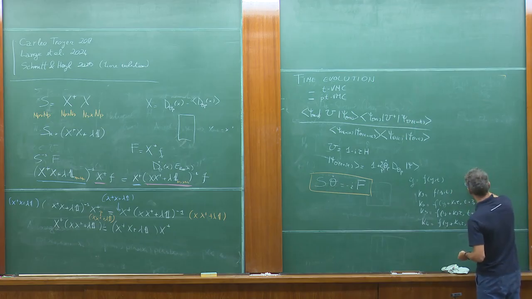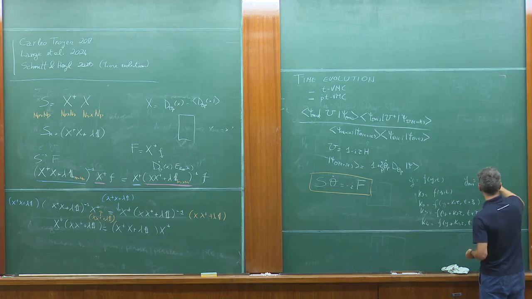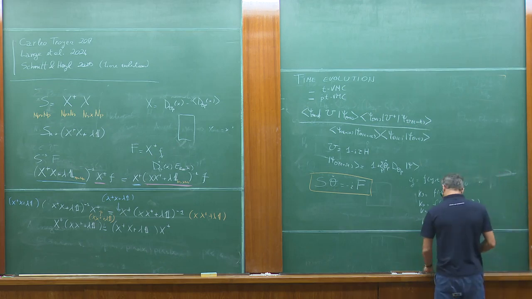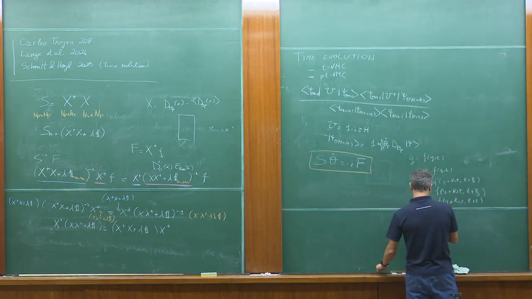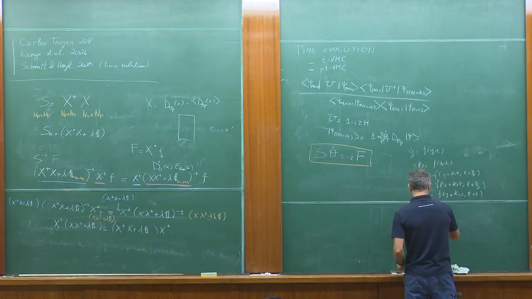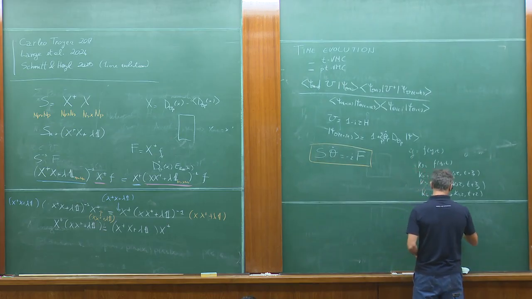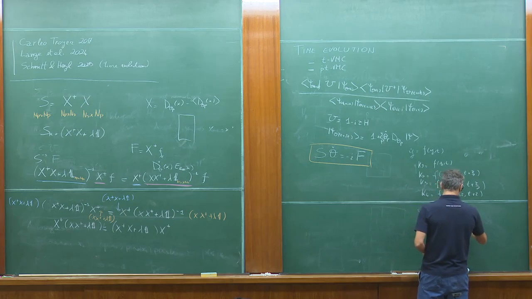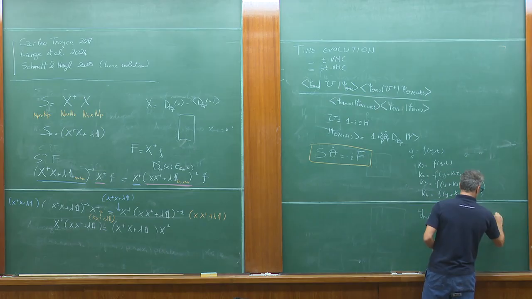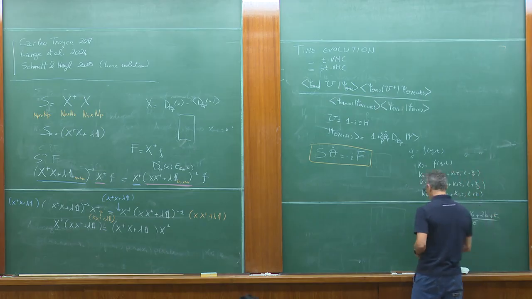And then y at the next step is equal to y_n plus k1 plus 2 k2 plus 2 k3 plus k4, divided by 6, right?